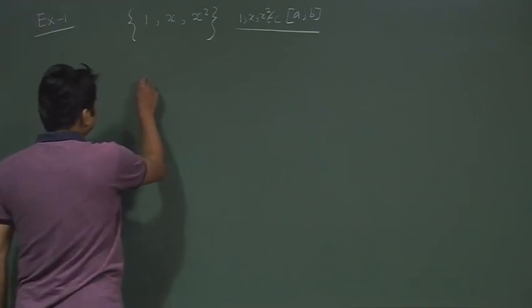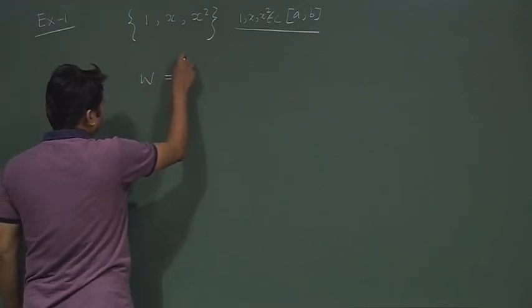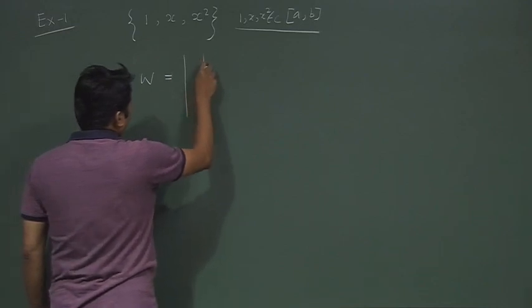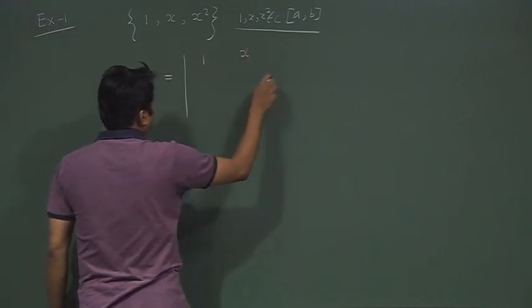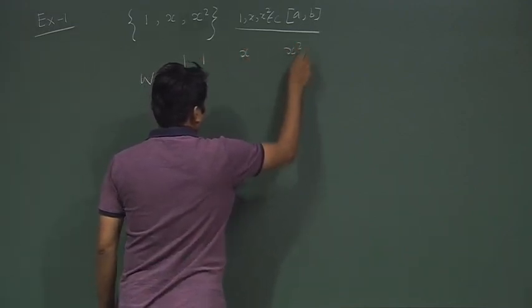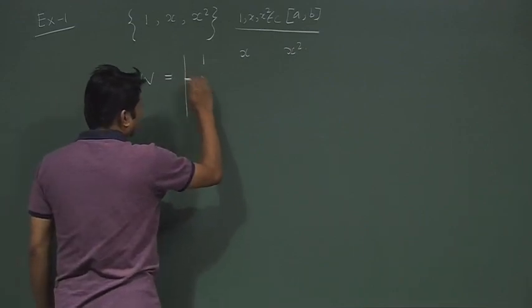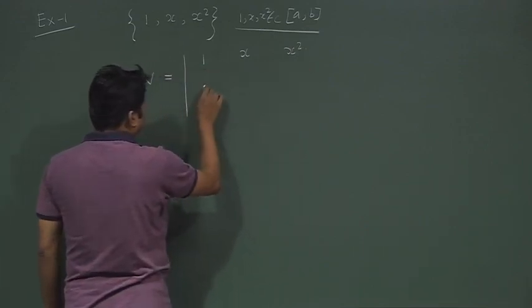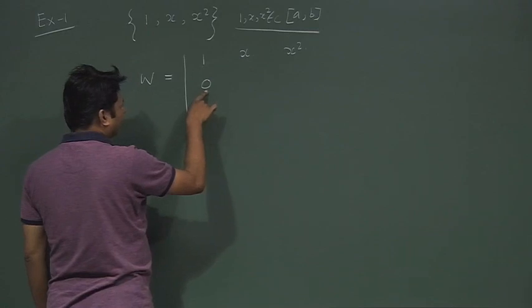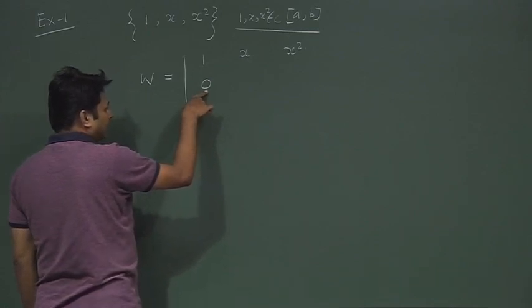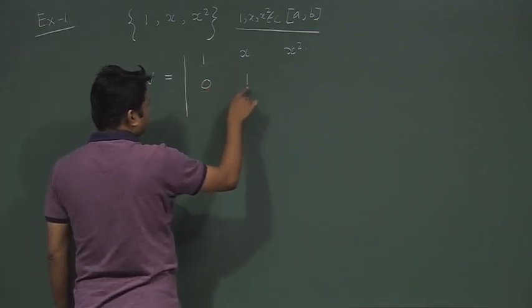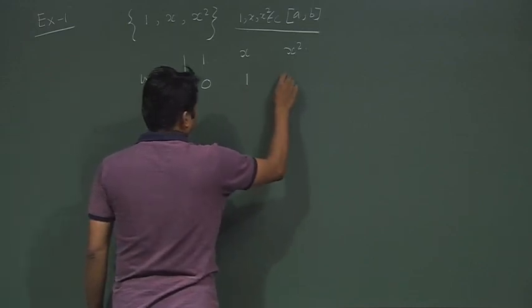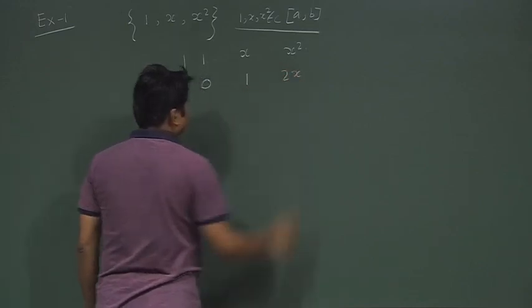So, I will calculate the Wronskian. The first row is 1, x, x square, and below it the derivative of this entire row. The derivative of 1 with respect to x is 0, then the derivative of x is 1, and the derivative of x square is 2x.